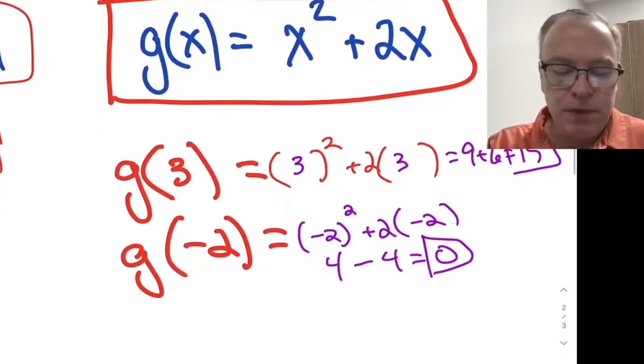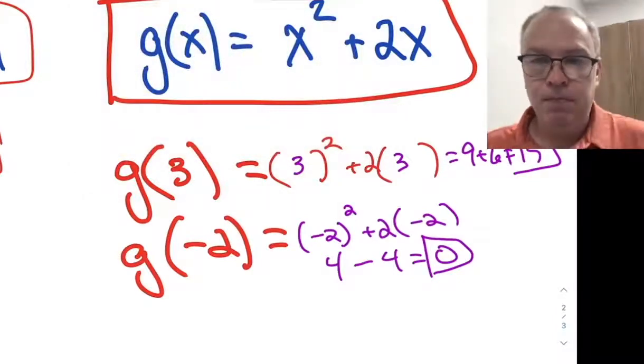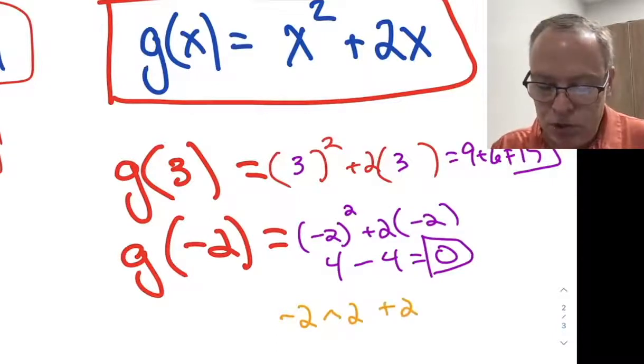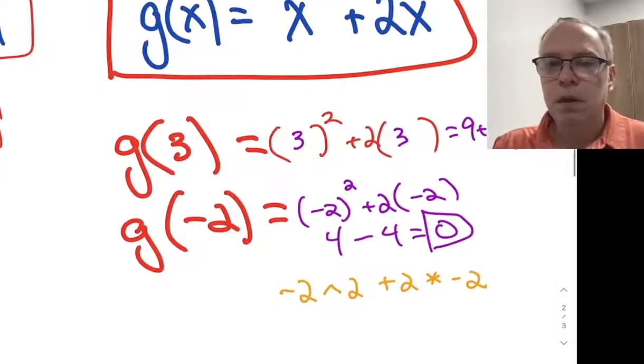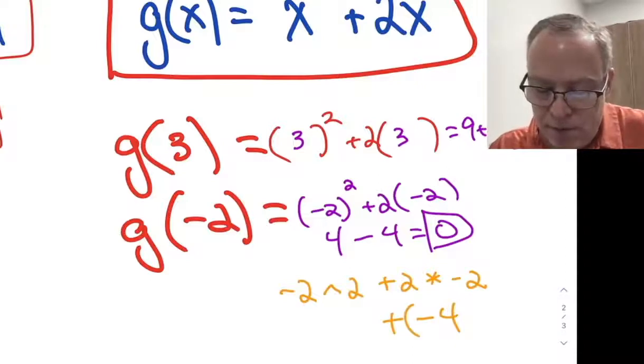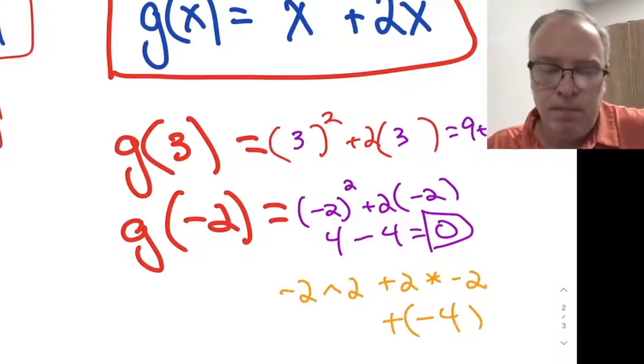I'll tell you what, some folks, believe it or not, are addicted to their calculator. And they very well might type negative 2 squared plus 2 times negative 2. The calculator understands order of operations, and the second part is fine. You get negative 4.